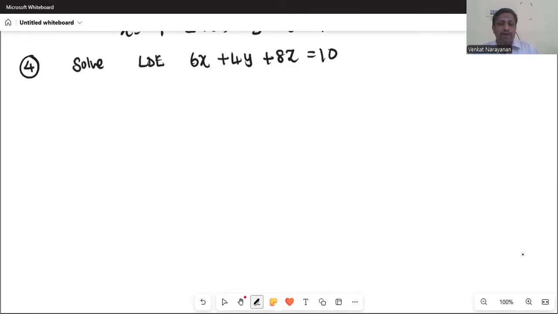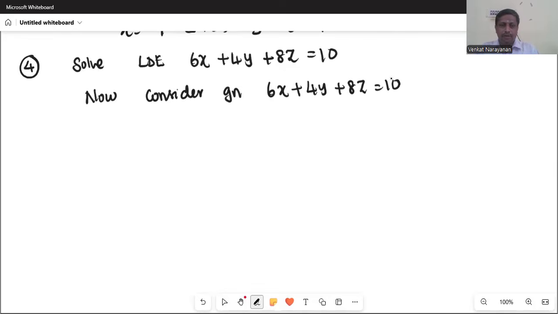After that, we can go to the third variable. Okay. Now consider the given equation 6x plus 4y plus 8z equal to 10. We can assign some numbers, some variables.